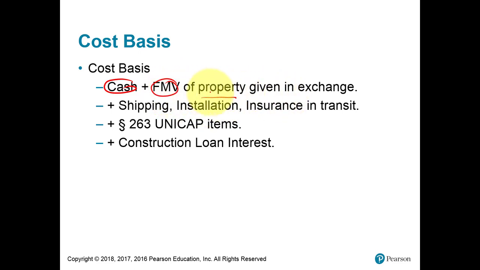This is a sale or exchange where you got to subtract out from this fair market value the adjusted basis of the thing you just gave up to acquire the new thing you just bought. Okay, so simple if you just pay cash, yeah? A little bit more complicated if you're doing a so-called trade-in. And to that cost, you add in any shipping, installation, any cost of moving the item and getting it ready for use.